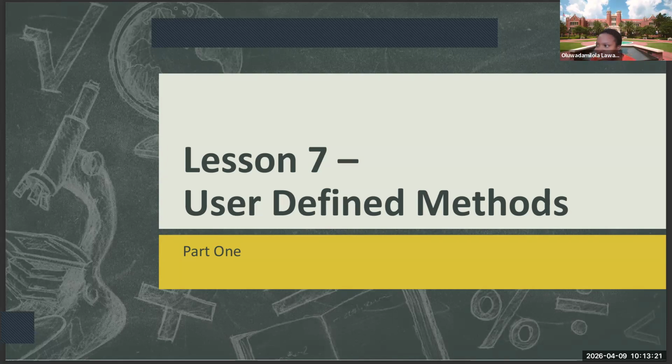Before now, we have been writing our program within the main method because all the methods we are using are predefined methods. They are inbuilt methods. Now we want to start writing our program outside the main method. And this will allow us to do what? To reuse our method.